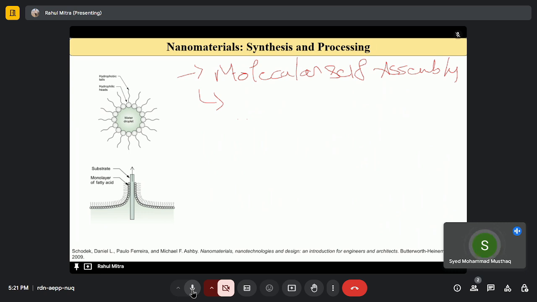Now there are a few examples for the self assembly of molecules or self-organization, and first we have the crystallization of sugar.